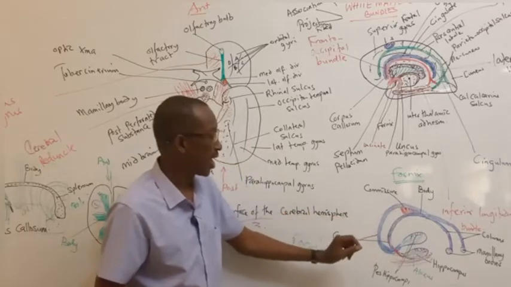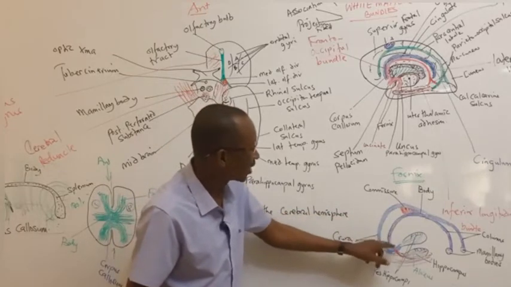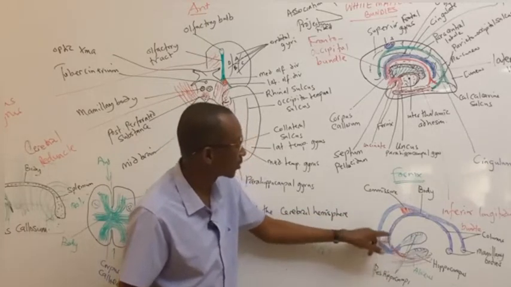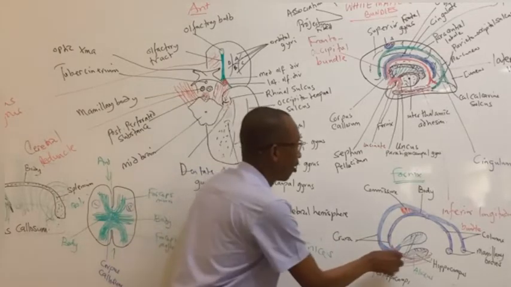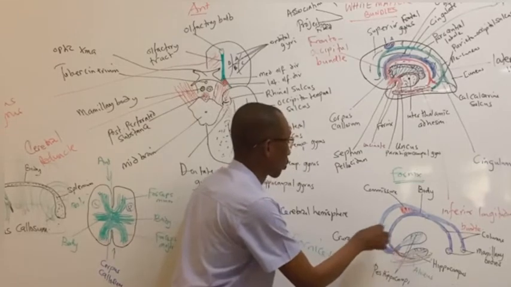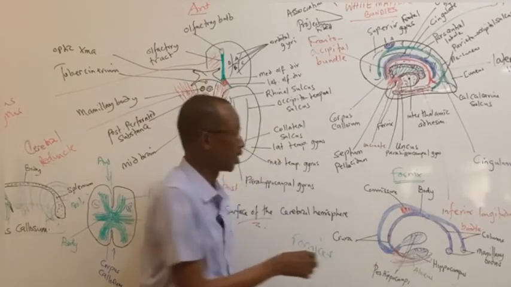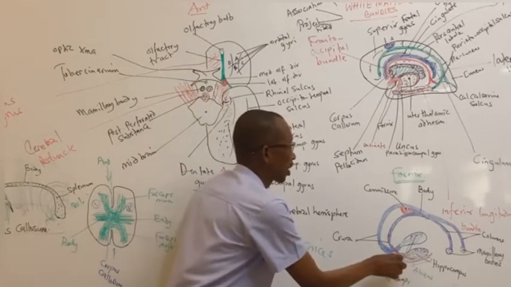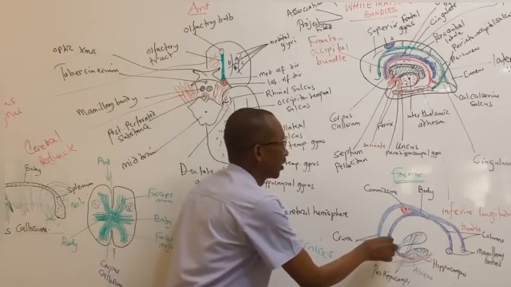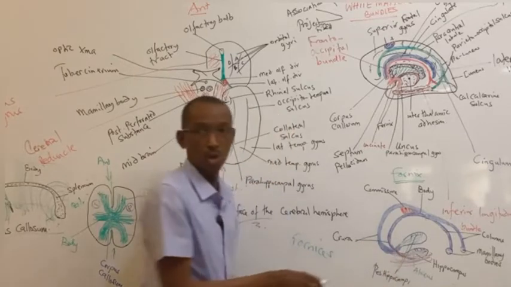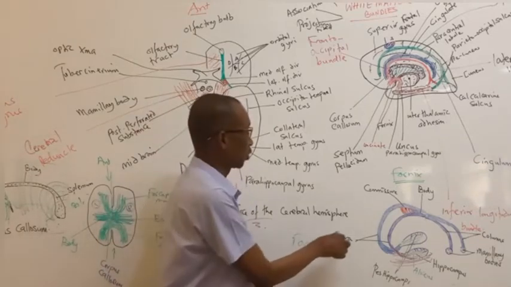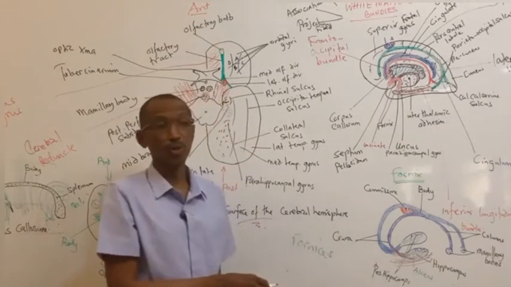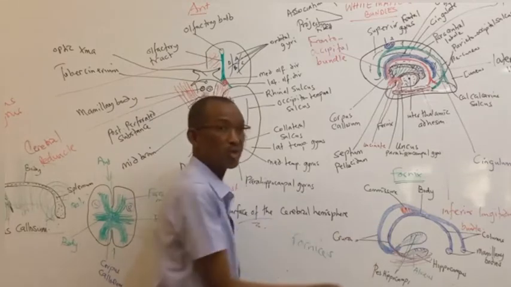You understand? And so at the back here, where they begin from the hippocampus, this area of beginning is what we call the crus of the fornix. As it begins from the hippocampus, passes backward and upward, that forms the crus of the fornix. Plural, crura. That is why you saw me writing it in plural, because I labeled the two together.